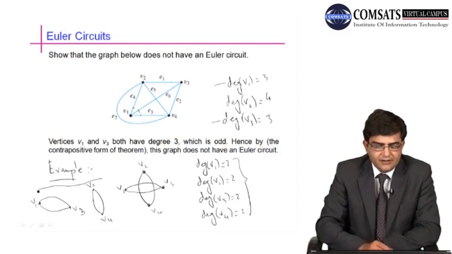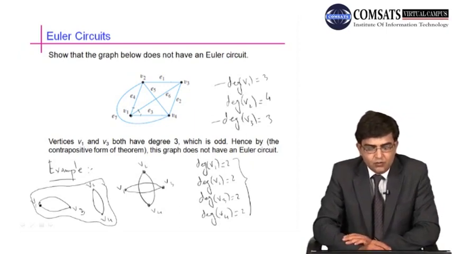So actually this graph is not connected. So we cannot construct any circuit from v1, v2, v3, v4 which uses all the vertices at least once and all the edges exactly once.